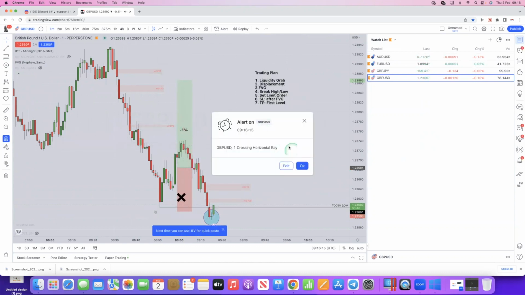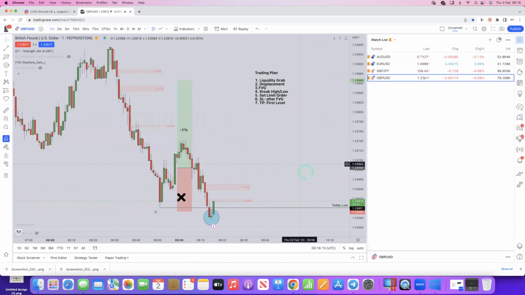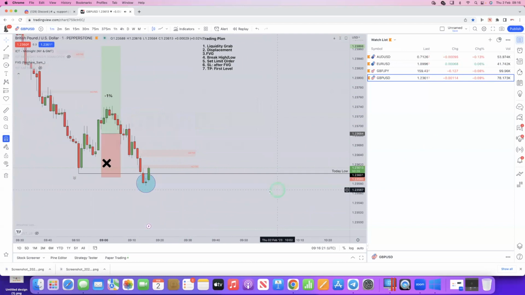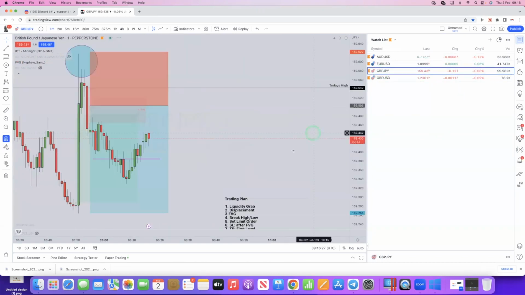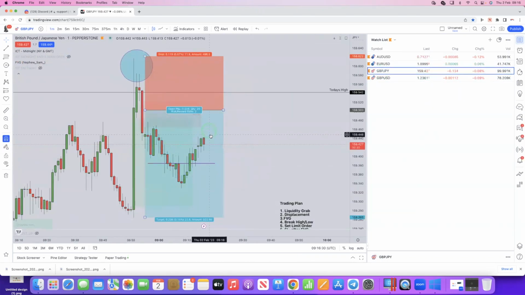Okay, so GBP USD. Now we're waiting for possibly a 2-minute fair value gap, but I want to see it run on the highs. The GBP JPY, it has come back up, but it's not touching into this.